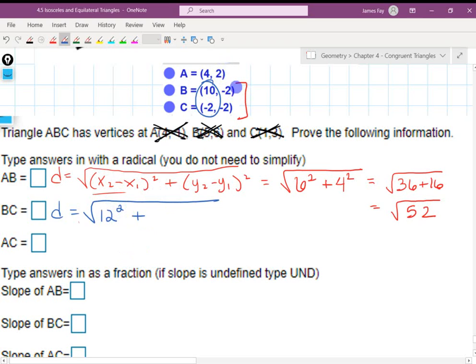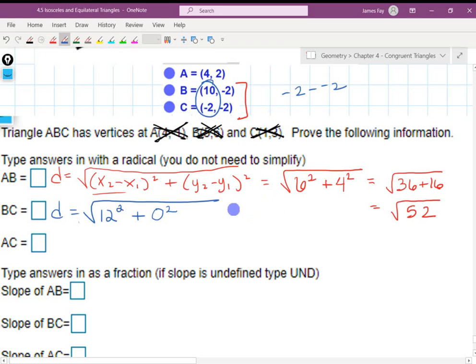And now I'll take negative 2 minus negative 2. What's negative 2 minus negative 2? 0. And I'll square that. Okay? What that tells me right there is that this segment BC, because the y values were the same, this segment BC is actually horizontal.